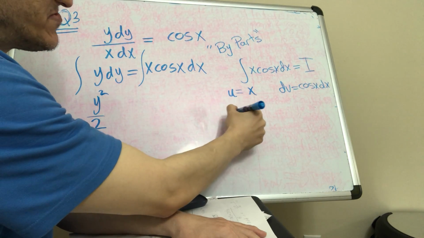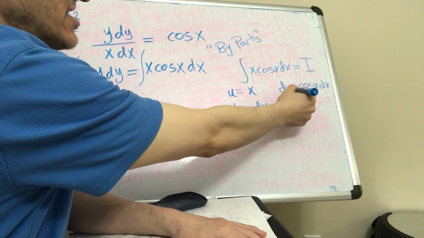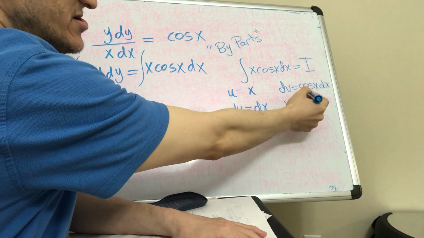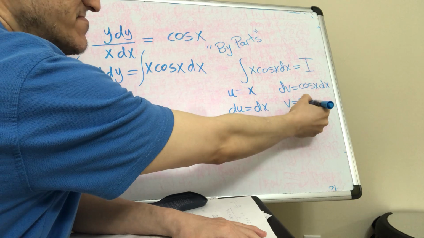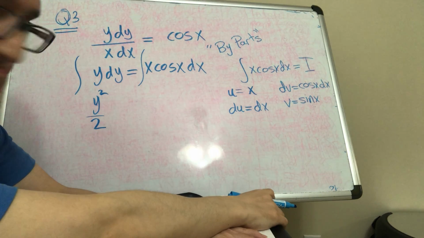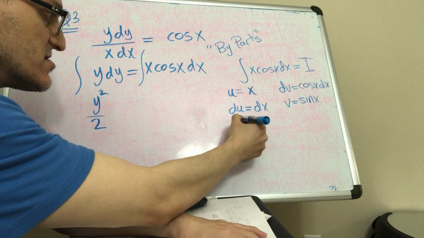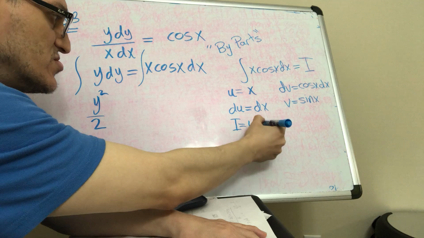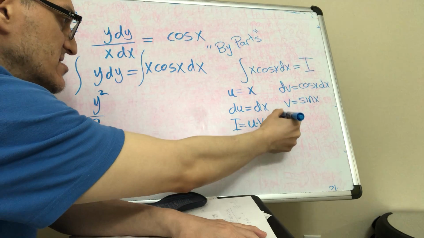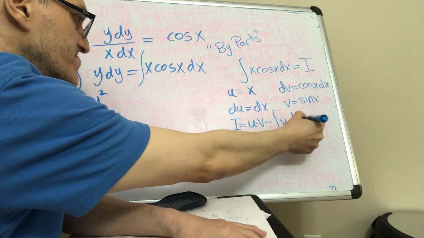You find the derivative for this and you integrate this. And you know the integral of cosine is sine. The by parts rule is I equals u times v minus the integral of v du.